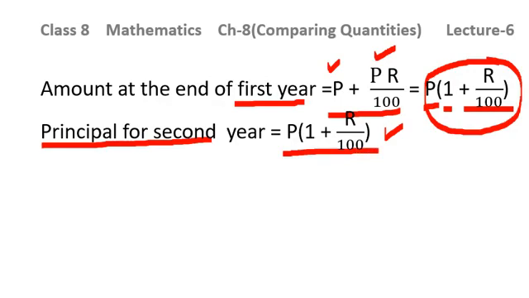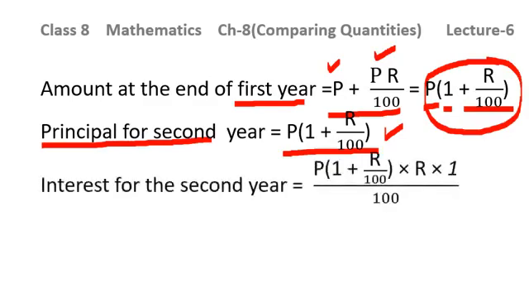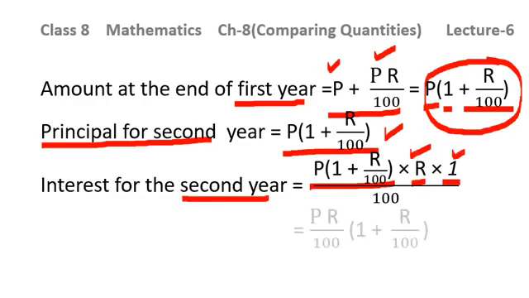Interest for the second year will be P, this is the value of P now, into R into T. Time we have taken 1 because we are calculating it for individual years. So it will be P bracket 1 plus R over 100 into rate of interest R into 1 over 100. This will be the interest for the second year.